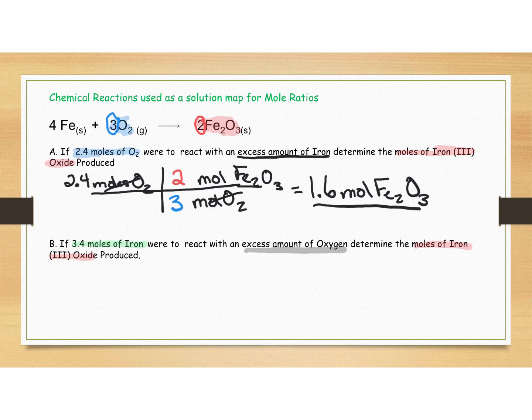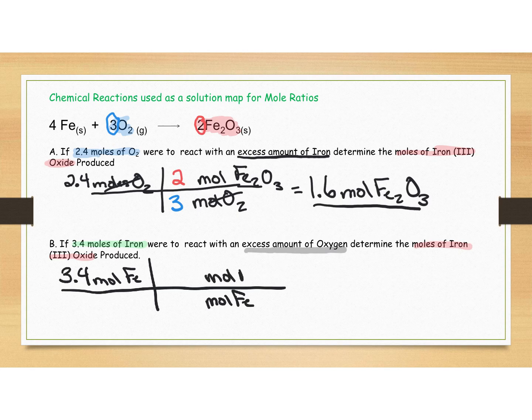So I'm going to write out my 3.4 moles of iron. And it's asking me to convert from moles of iron to moles of iron 3 oxide, Fe2O3.